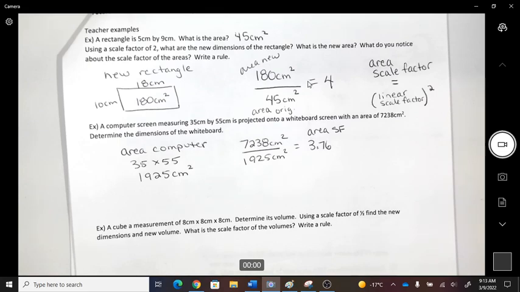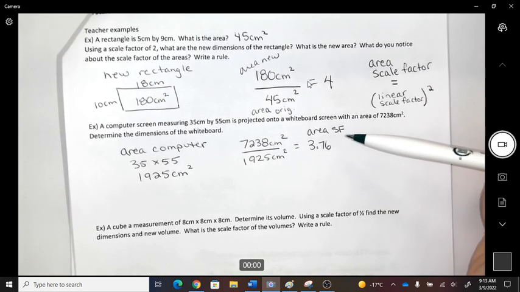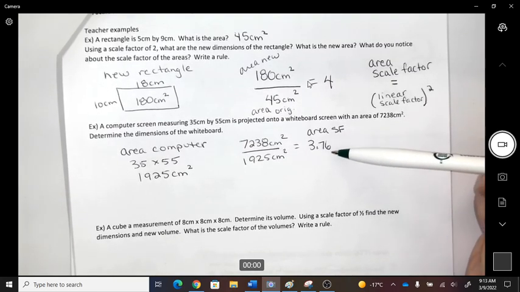Okay, so the area of the projector is 3.76 times bigger.